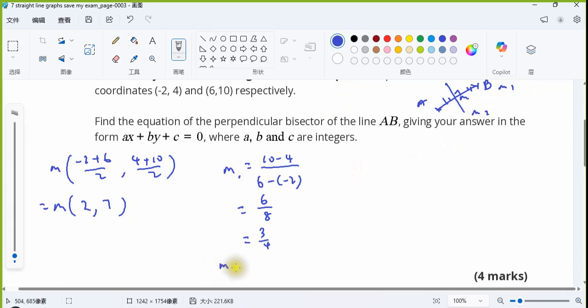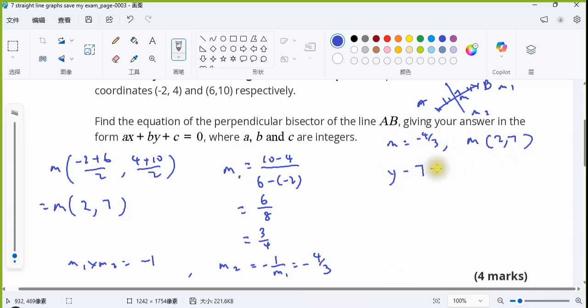So we have gradient 1 times gradient 2 equal to -1. So gradient 2 is -1 over gradient 1, which is -4 over 3. So the gradient is -4 over 3 and the point is 2, 7.